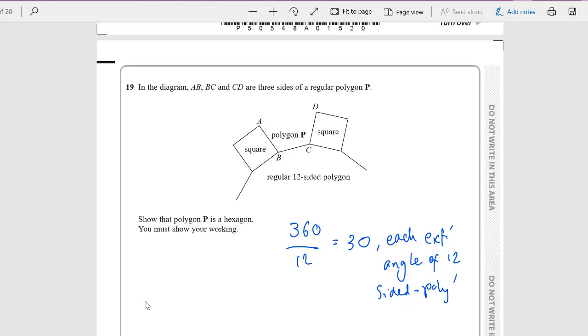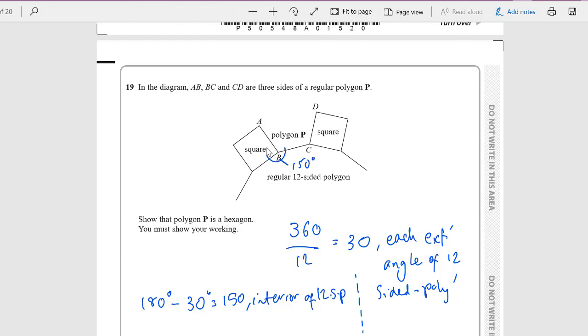And then we know that 180, which is the total degrees of a triangle or a line, so 180 take away 30 gives us 150. So that's the interior angle of the 12-sided polygon. So I know that this is 150.